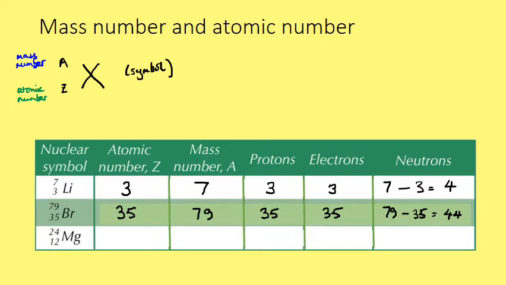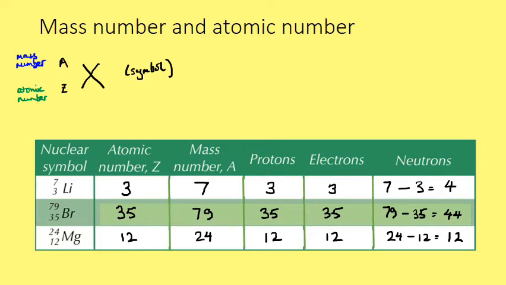So our atomic number is 12, our mass number is 24, number of protons is 12, the atomic number, and number of electrons is going to be the same as the number of protons, also 12, and then we have 24, which is our mass number, minus our atomic number of 12 to give us the number of neutrons, which of course is 12.